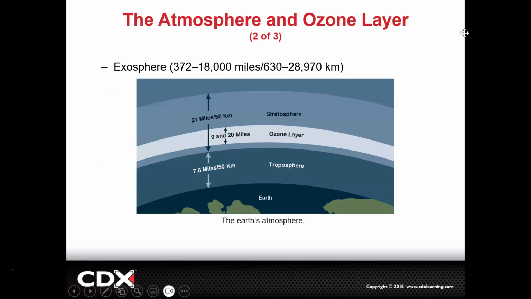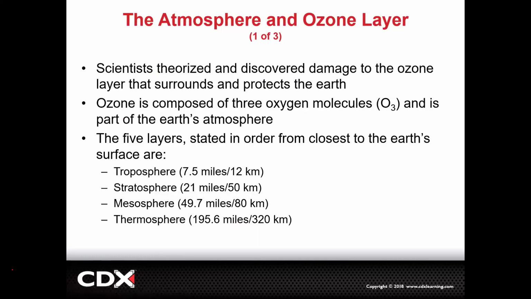Look at this. This is Earth. You are here, okay? About 7.5 miles troposphere. And then the ozone layer really varies, 9 to 20. Then we got the stratosphere. What did we miss there? Mesosphere.